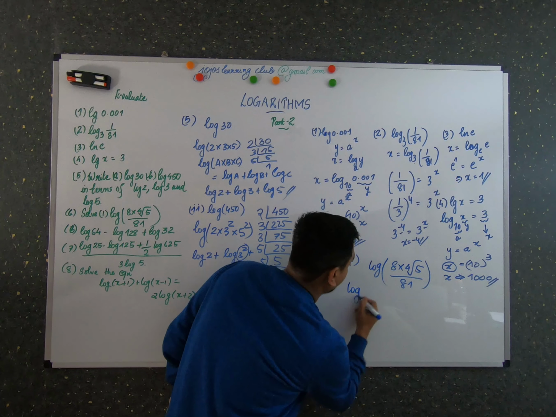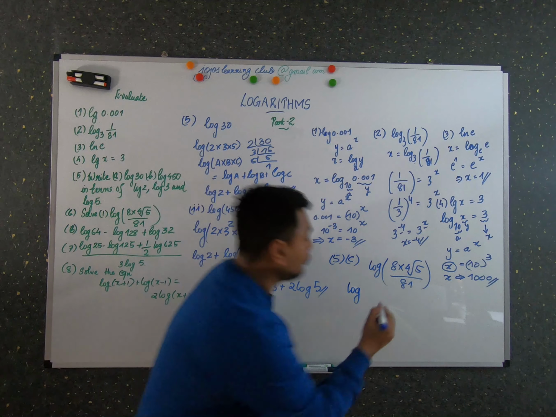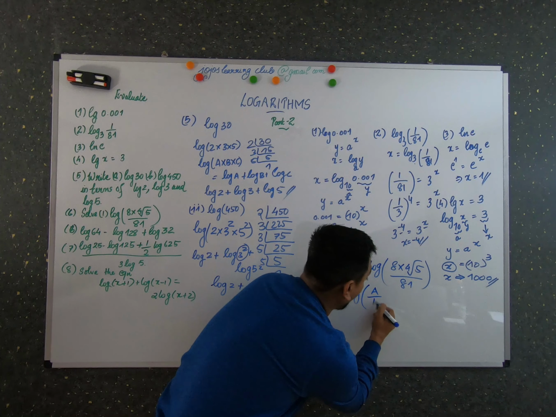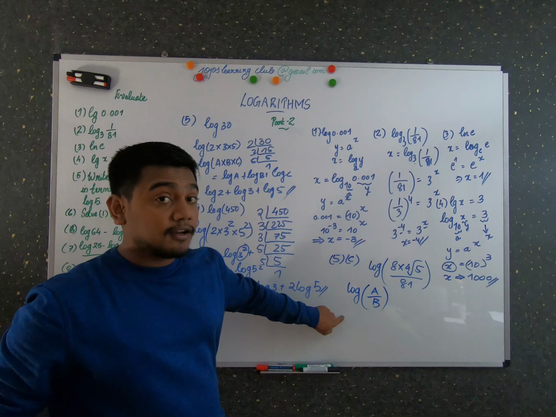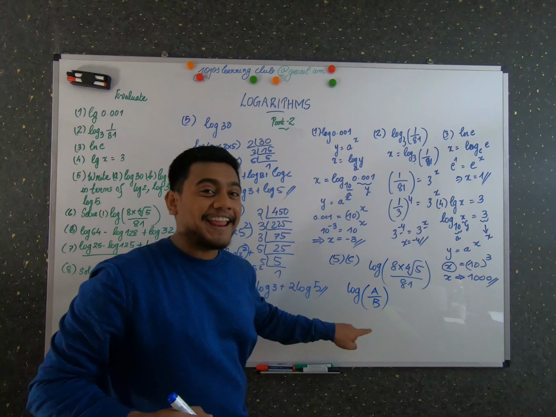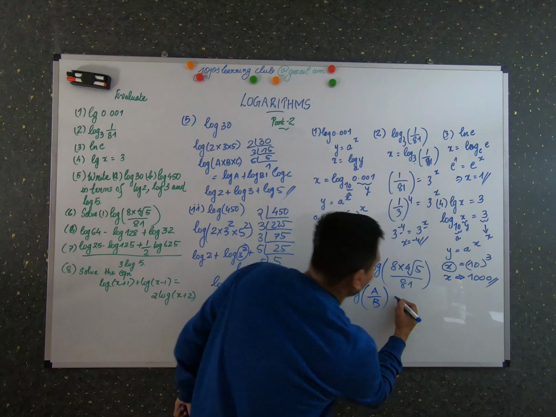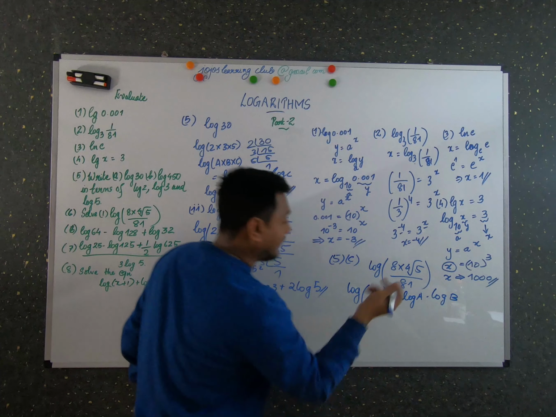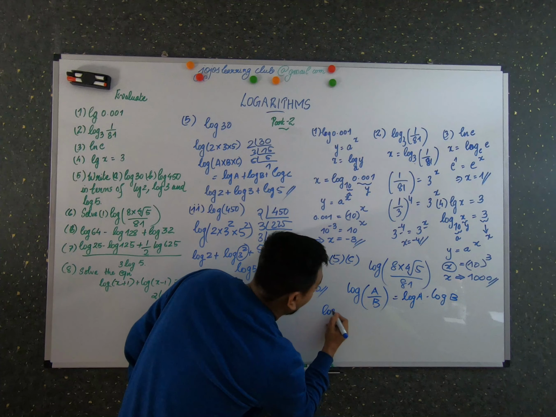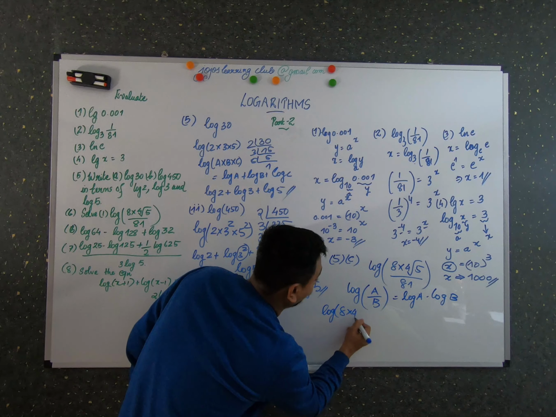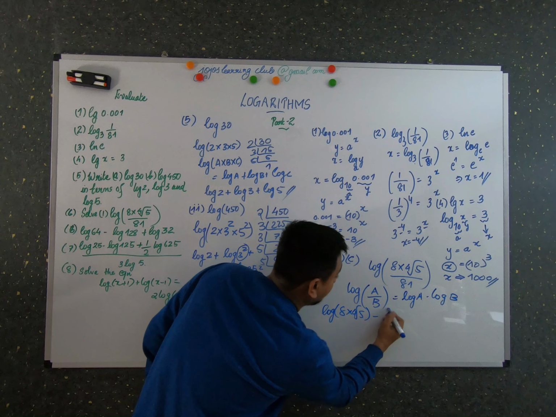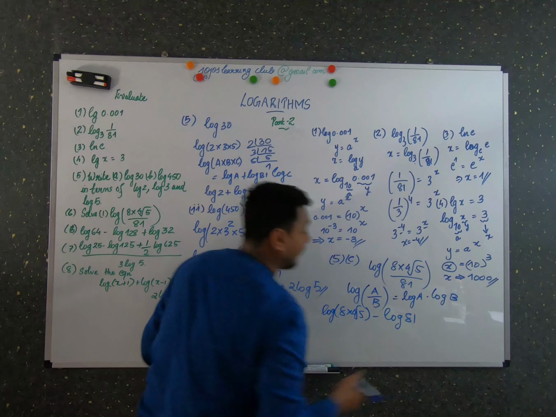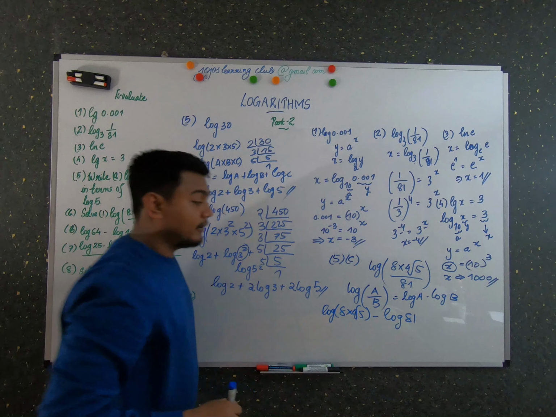Before taking the factors, you should know the formula for the law of division for logarithms. So log of a by b, you can write as log a minus log b, right? Similarly, I'm going to split this and write it as log of 8 into 4th root of 5 minus log of 81. So log of a by b, I just applied log a minus log b.